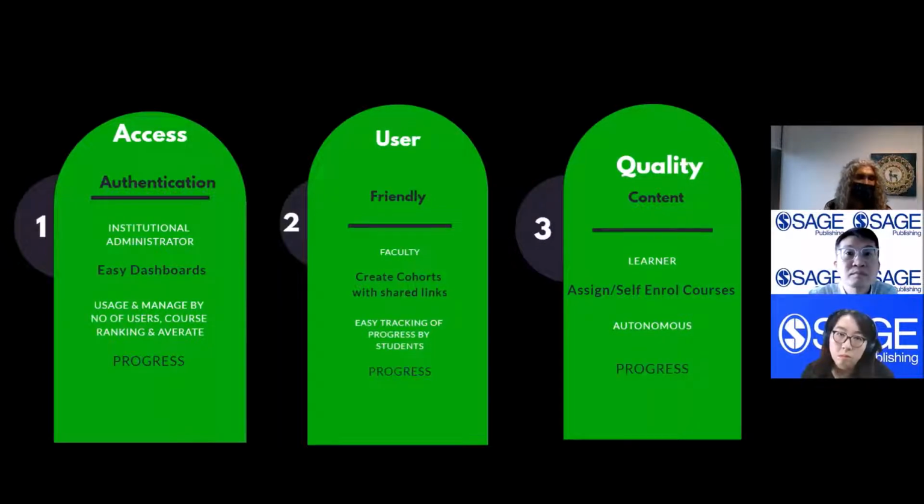Faculty wants user-friendly, easy to navigate, right? So he or she can create cohorts with shared links. If I'm teaching, say, 5 courses, I can create 5 different cohorts, and I can assign different courses to each of my students in each cohort.